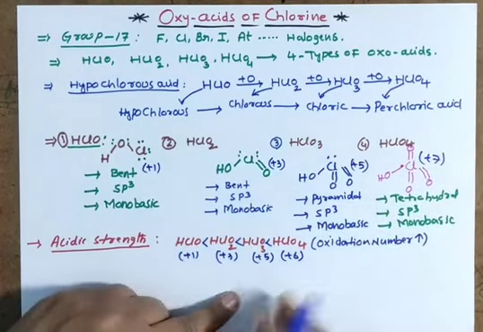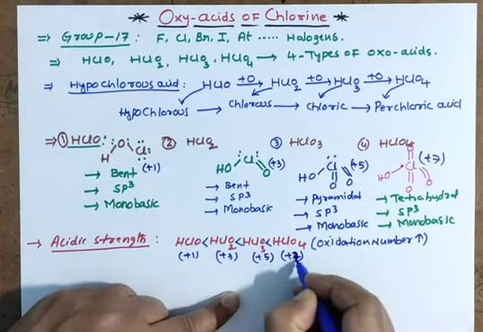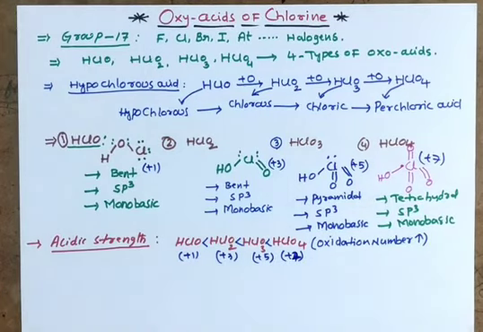As oxidation number increases, acidic strength increases. This is the trick to remember.